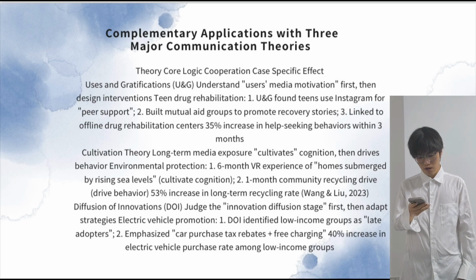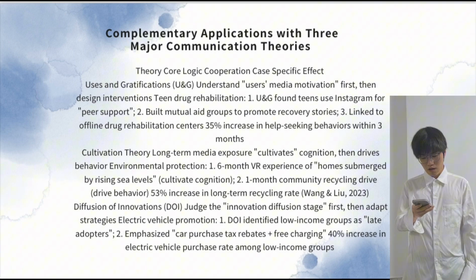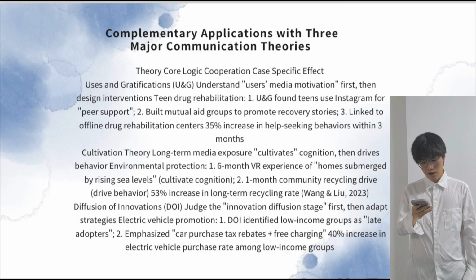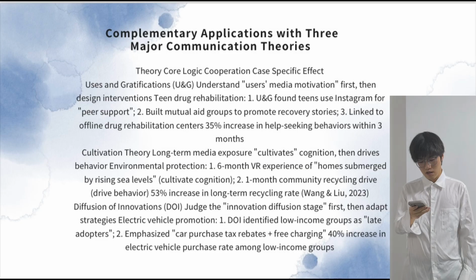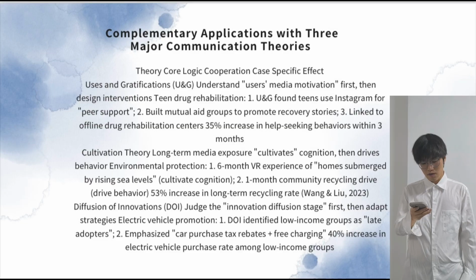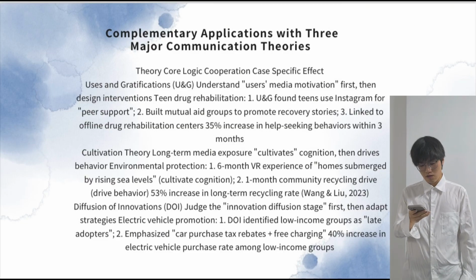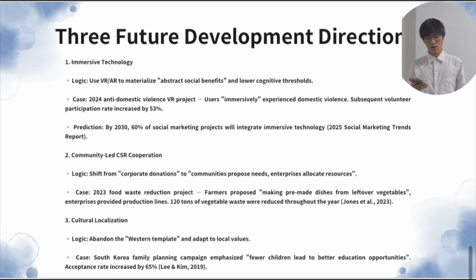For example, if promoting electric cars, research found that low-income groups are late adopters, so they emphasized the benefits of car purchase tax rebates and free charging. Finally, the electric car purchase rate of low-income groups increased by 40%.